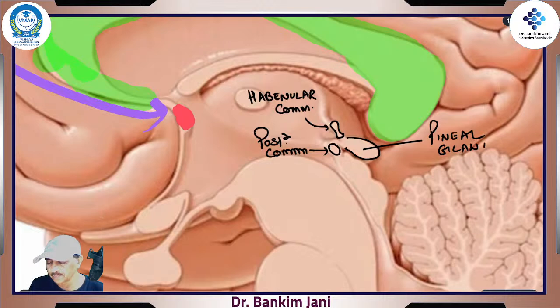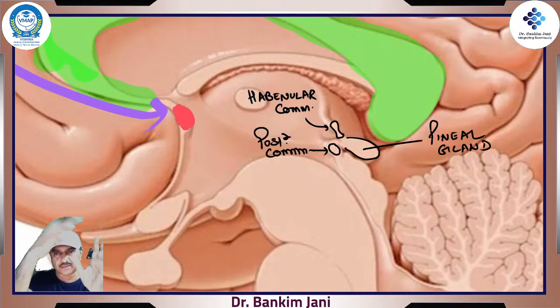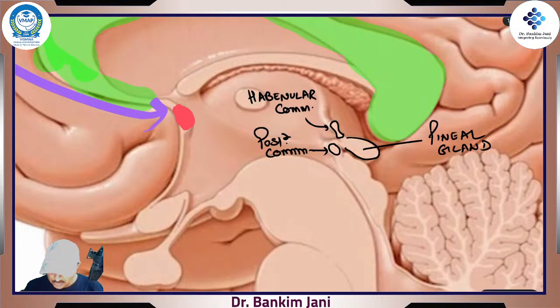Over here, this portion is where the ventricles will be, the third ventricle. What produces that CSF, and that CSF goes all the way from the lateral ventricle, then to the third ventricle, then to the fourth ventricle. So this is one duct. Just keep in mind that there is a duct.